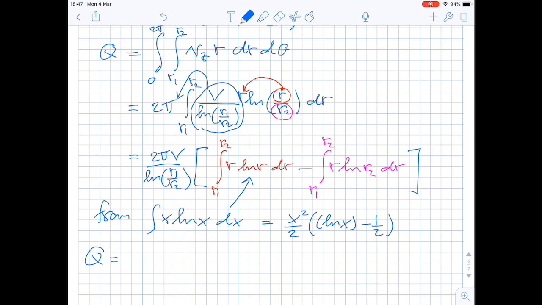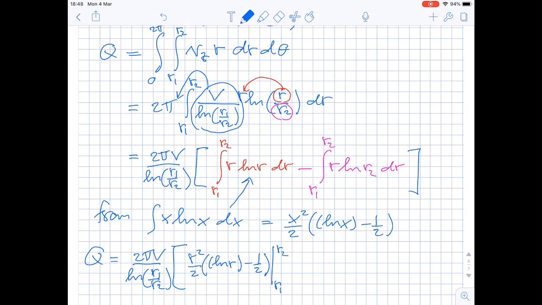So I'm going to get Q equal to 2 pi V over log r1 over r2 of the inside integral of the red term. I should get r squared over 2 ln r minus half, integral from r1 to r2.